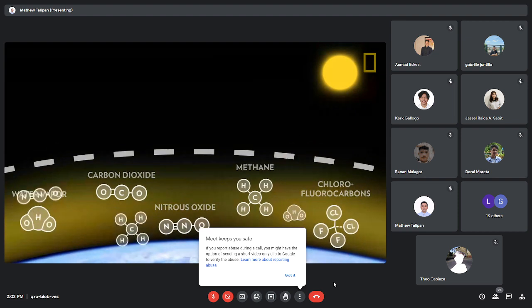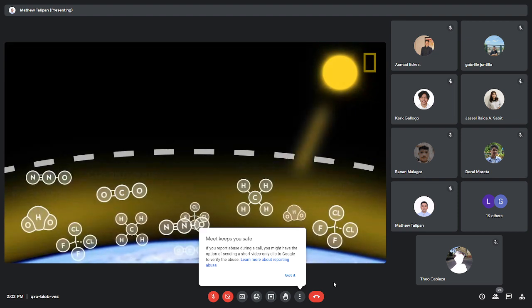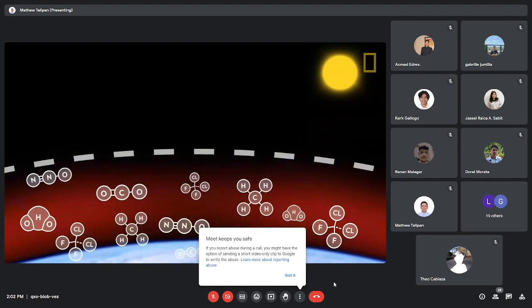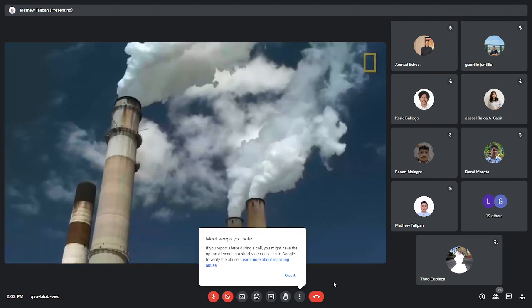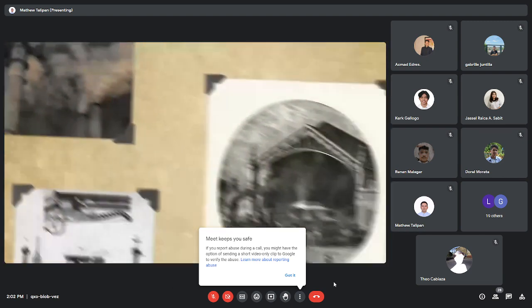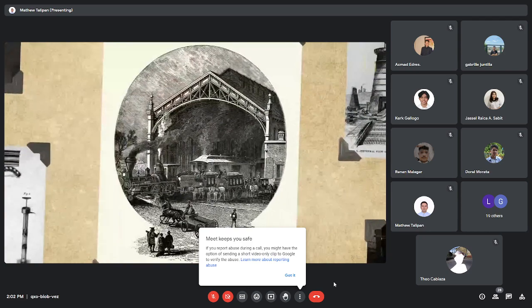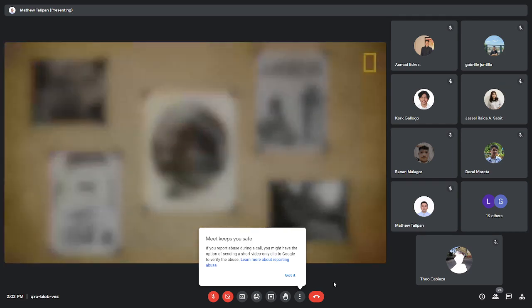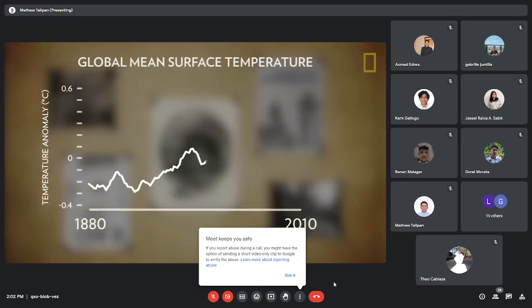The more greenhouse gases in the atmosphere, the more heat gets trapped, strengthening the greenhouse effect and increasing the Earth's temperature. Human activities, like the burning of fossil fuels, have increased the amount of CO2 in the atmosphere by more than a third since the Industrial Revolution. The rapid increase in greenhouse gases in the atmosphere has warmed the planet at an alarming rate.